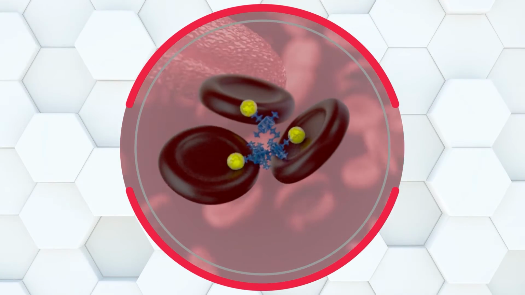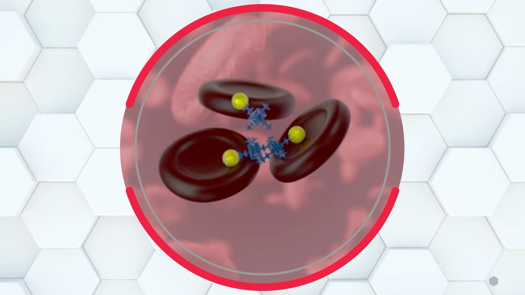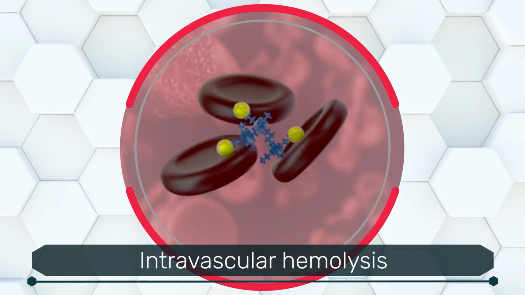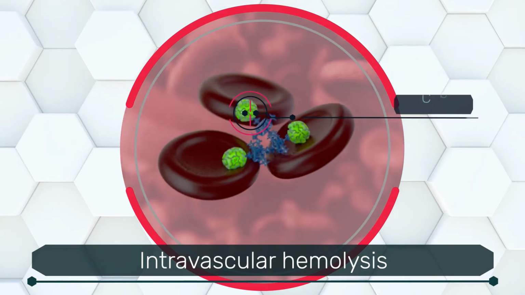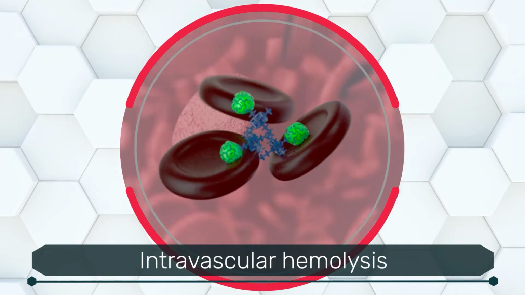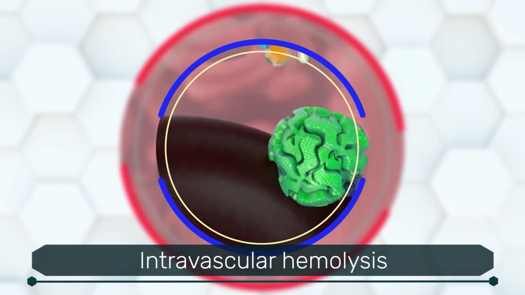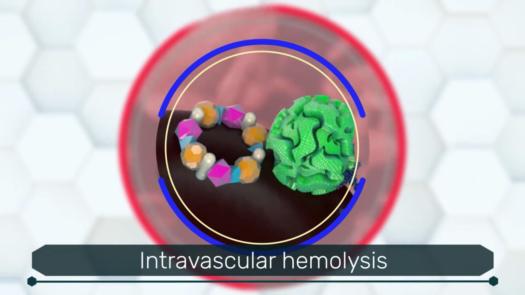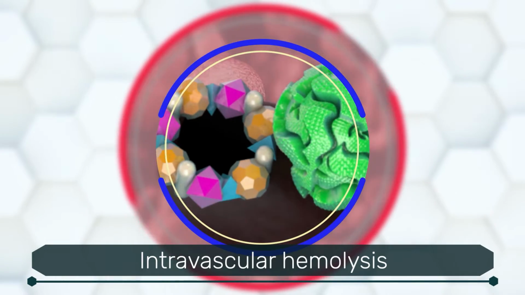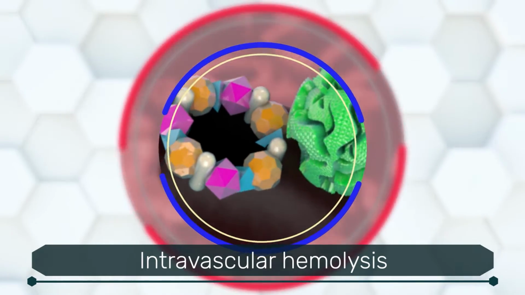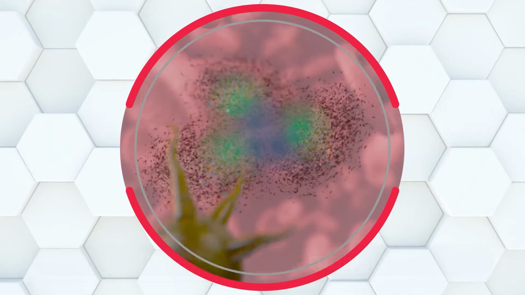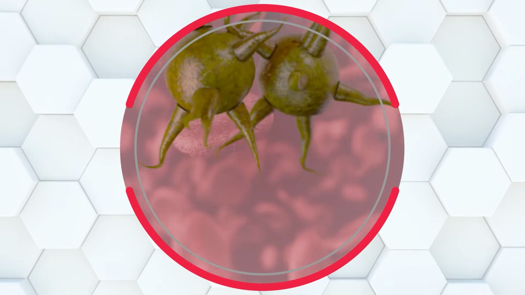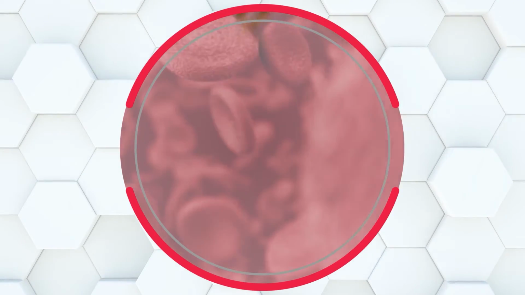This is the primary way red blood cells are lost in CAD. The second way is that C3b can also trigger terminal activation of the complement pathway through C5b, which directs its membrane attack complex against the marked cell, resulting in intravascular hemolysis and premature destruction of red blood cells in the circulation. Whichever path is taken, the complement system can destroy red blood cells as thoroughly as if they were bacterial invaders.